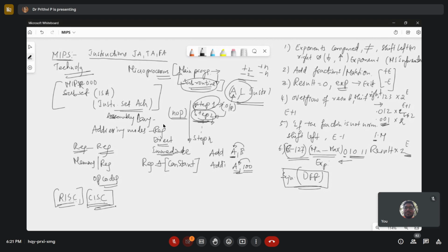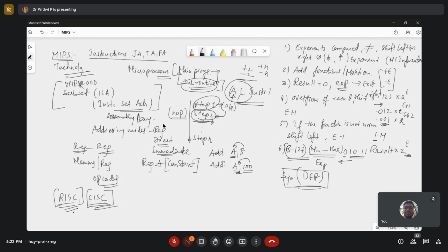CISC has multiple addressing modes, whereas RISC has only two addressing modes. That means it is very simple in giving the instructions compared to the CISC processors. Okay, if you want to reduce the number of instruction sets in your programming, instead of going for CISC architecture, the RISC philosophy is considered better.